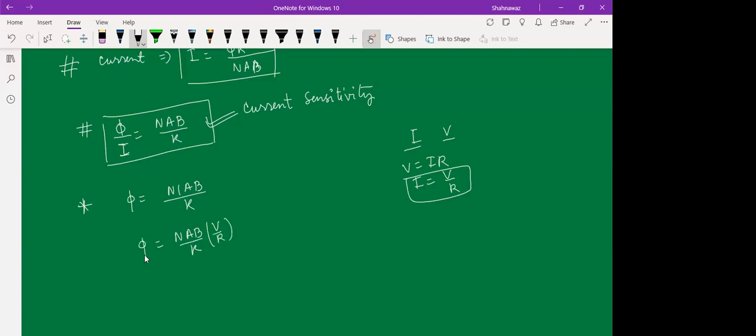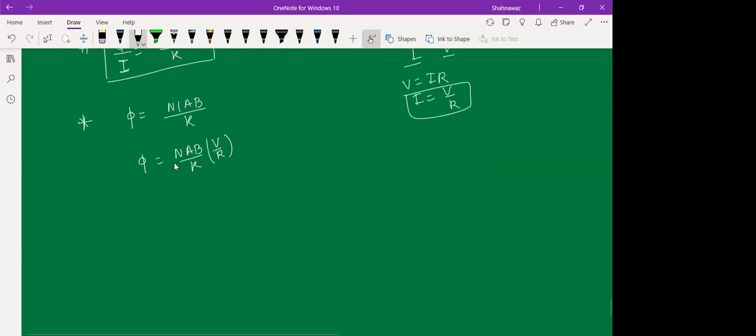If we take this V to the other side, what will we get? This is phi by V, and this is NAB by KR.